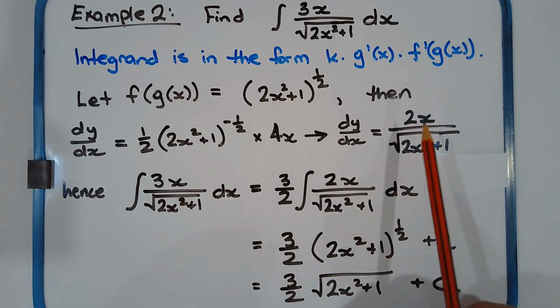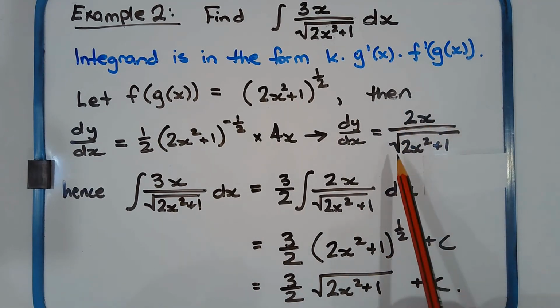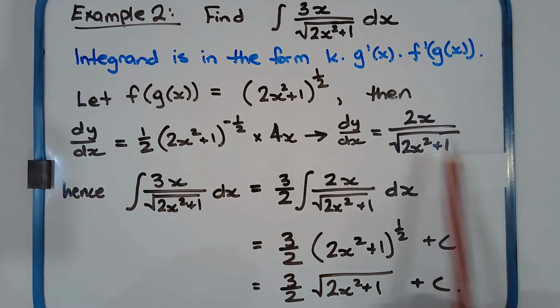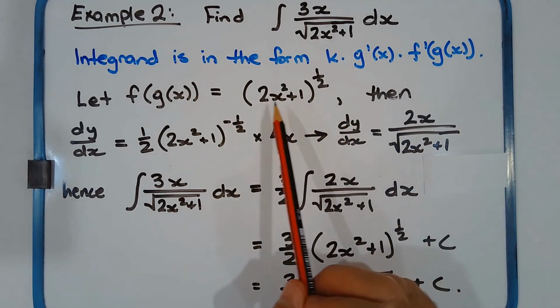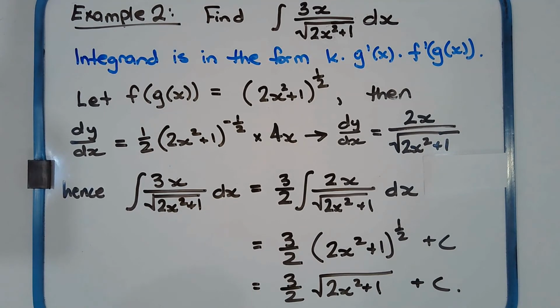Now if we reverse this, the integral of 2x over the square root of 2x squared plus 1 must be what we started with, the primitive function 2x squared plus 1 to the power of half, or the square root of 2x squared plus 1. However, we want to integrate 3x over the square root of 2x squared plus 1. So we need to involve taking out a factor outside the integral.